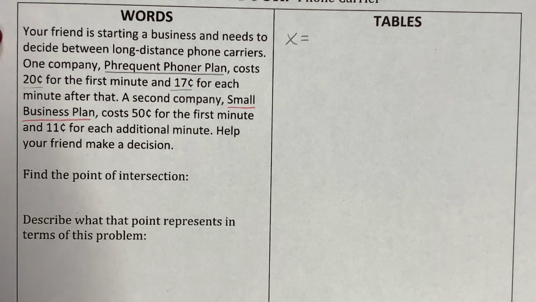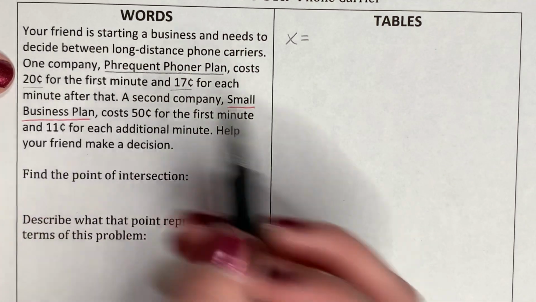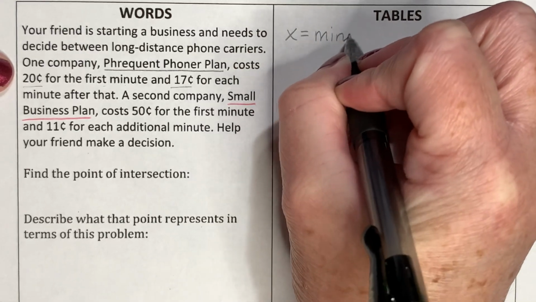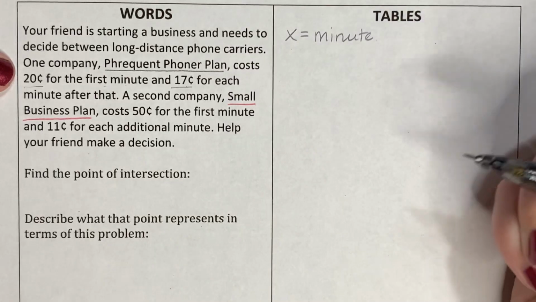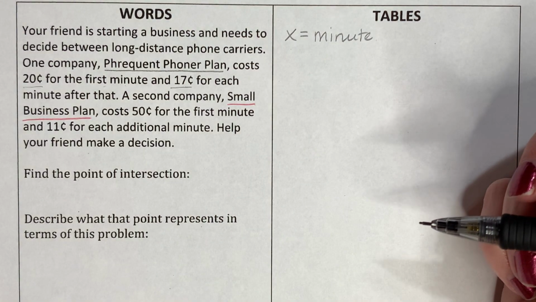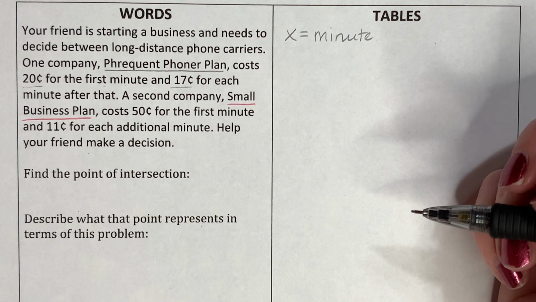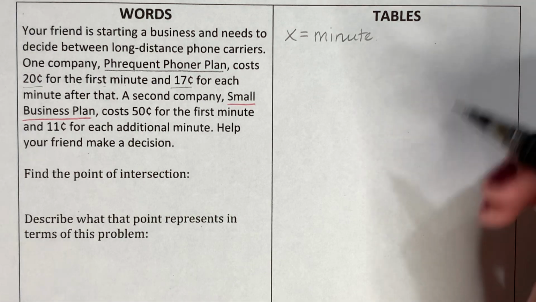So for each minute, right, each minute is going to be my x-axis. Because we don't know how much it's going to cost to make a phone call until I know how many minutes we've been on the phone, right? So one value is dependent on the other.